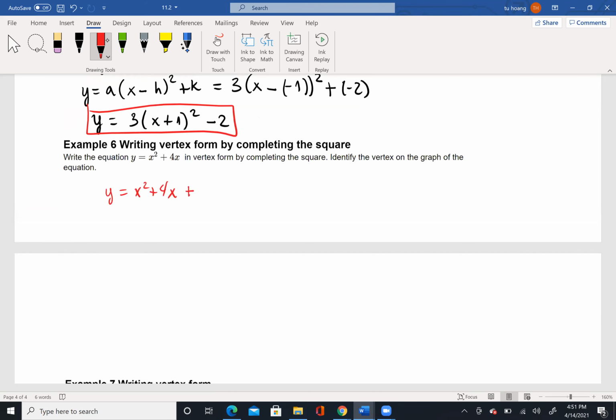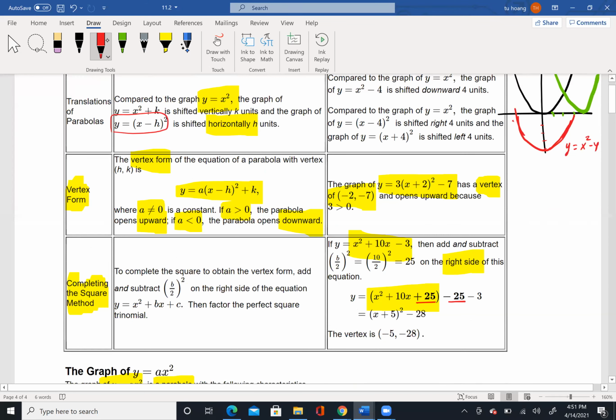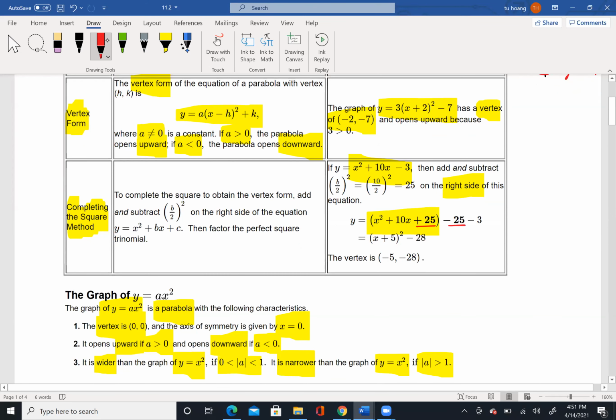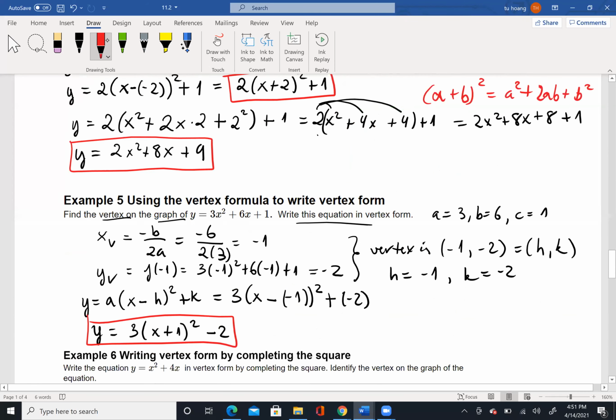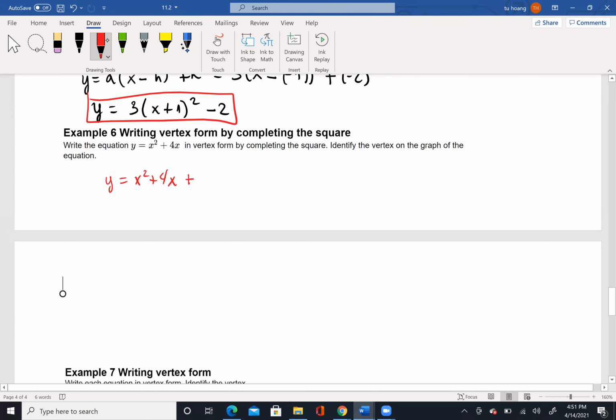So let's go back to the way over here. You can see adding and subtracting (b over 2) squared. See that? So what is b over 2? In here I have b equal to 4, right? So then b over 2 is 2.